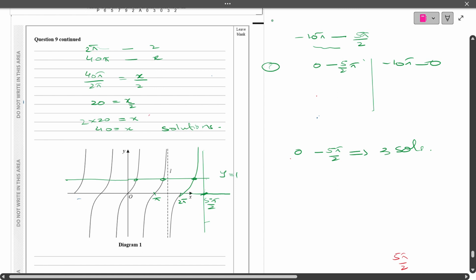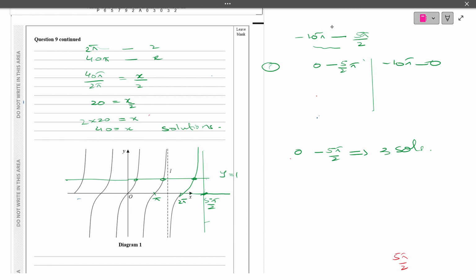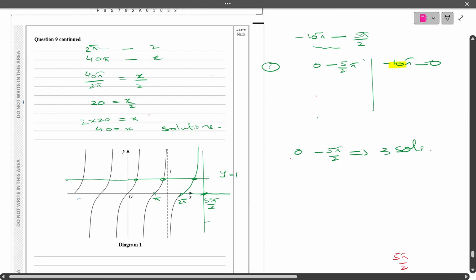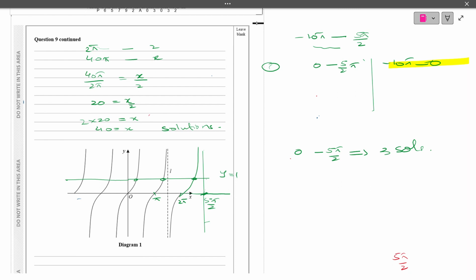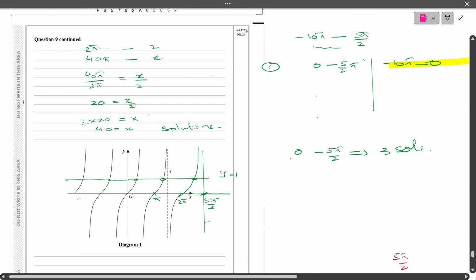Okay. So if I wanted to know from negative 10 pi to 0, how many solutions? So same process on this side, but as this is negative 10 pi, I'm not going to extend till negative 10 pi. I will just check how many solutions are there. For 2 pi, I know I get 2 solutions. For negative 2 pi, 0 to negative 2 pi, I have 2 solutions on the top.